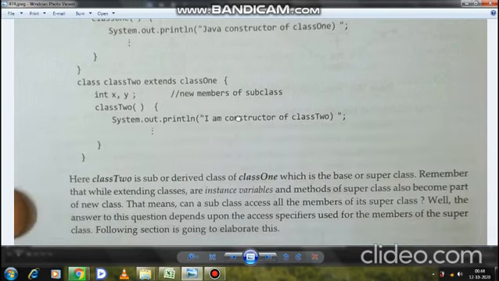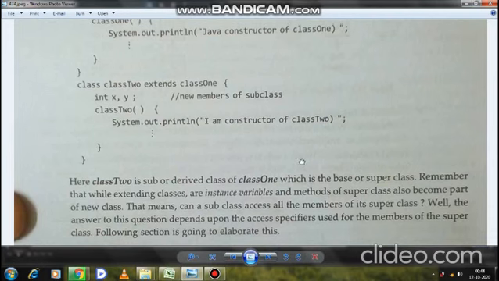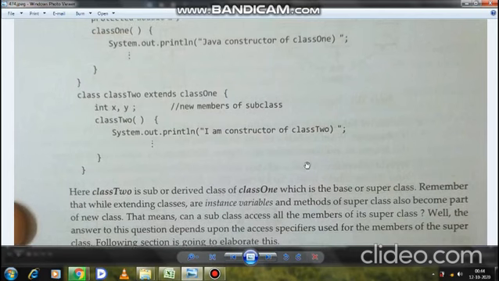Now there you may have some question, because I already told you that instance variables of the superclass are inherited from the superclass to the subclass.